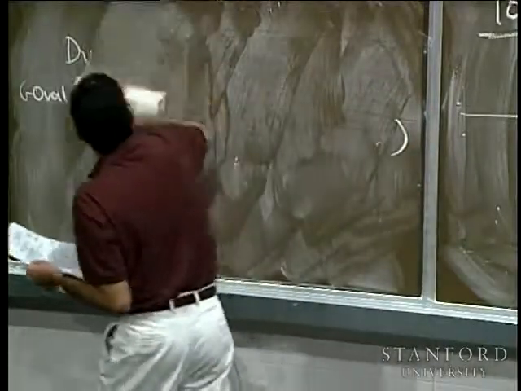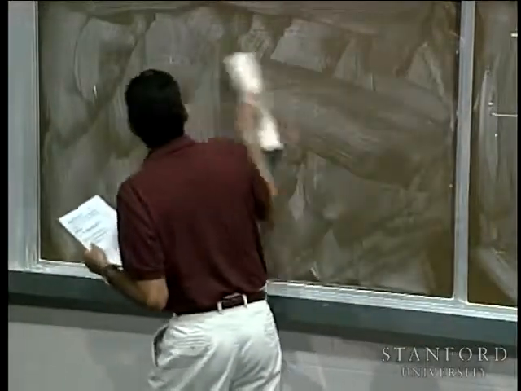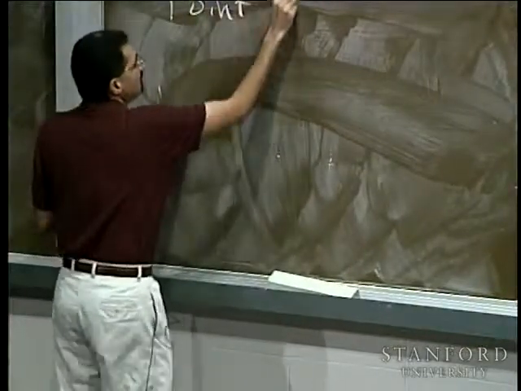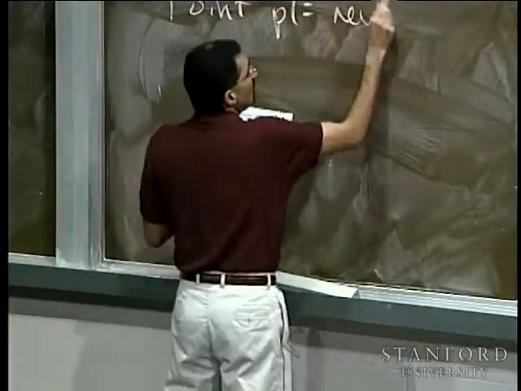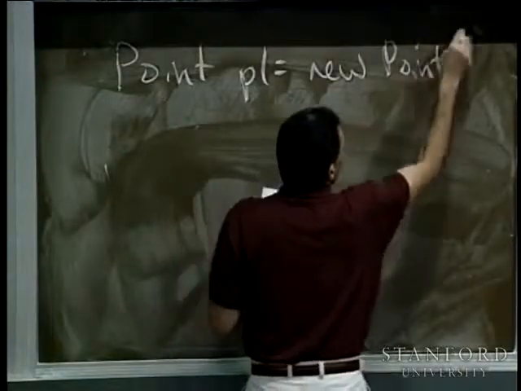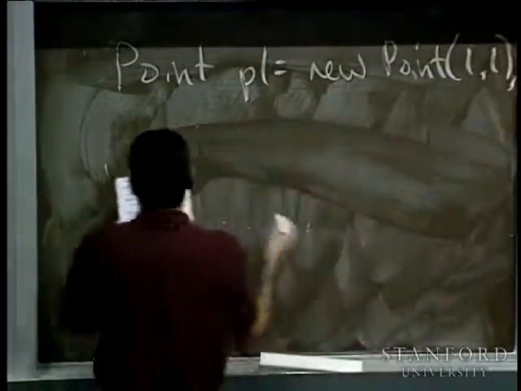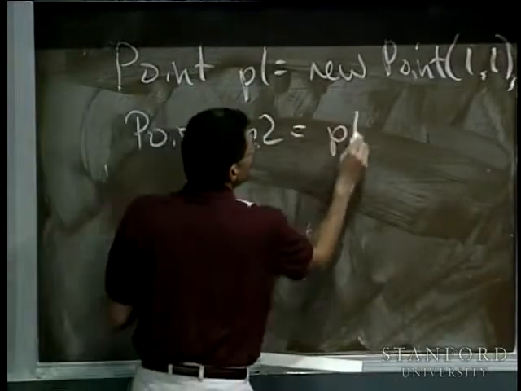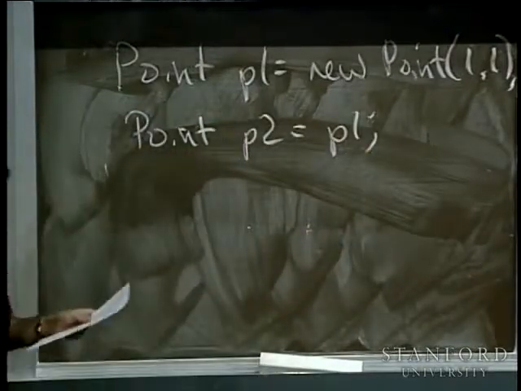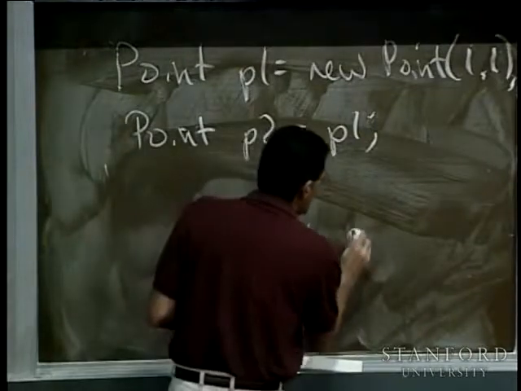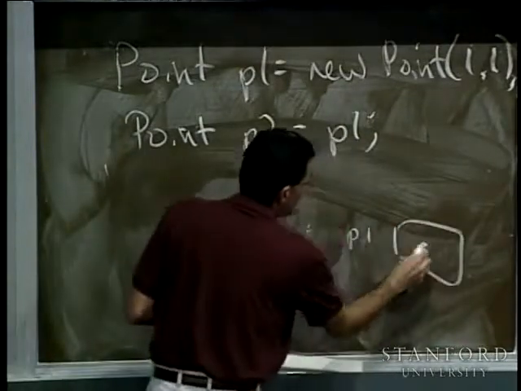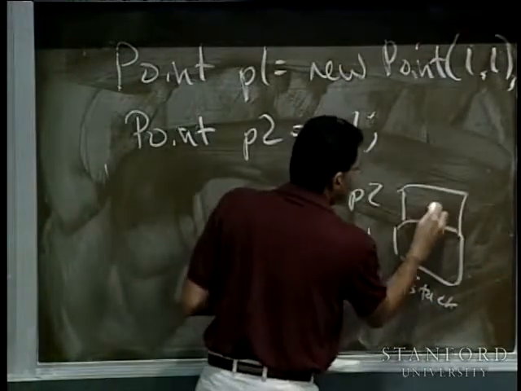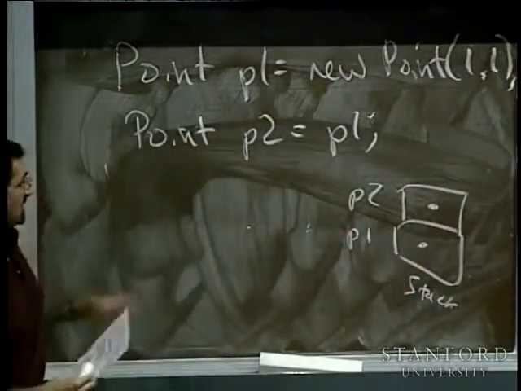So I just want to show you one thing very quickly, and then I'll give you a quick video. If we have Point p1 equals new Point(1, 1), and then we have some Point p2 that equals p1, what's really going on in the computer's memory is p1 is just some address somewhere on the stack, and p2 is also just some location that's also going to be an address because it's just an object.